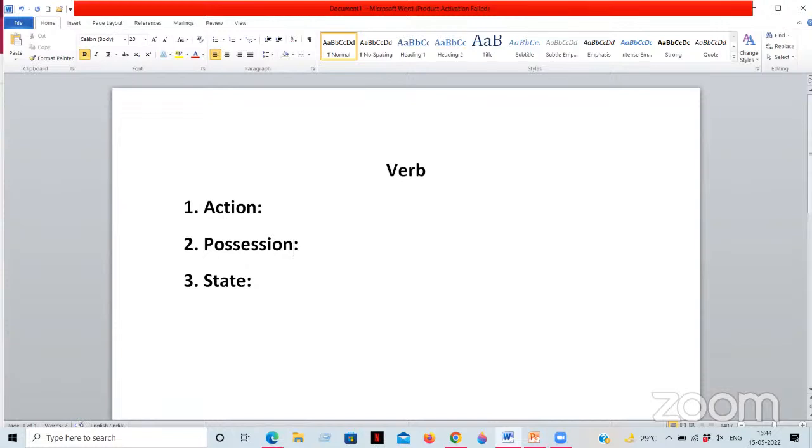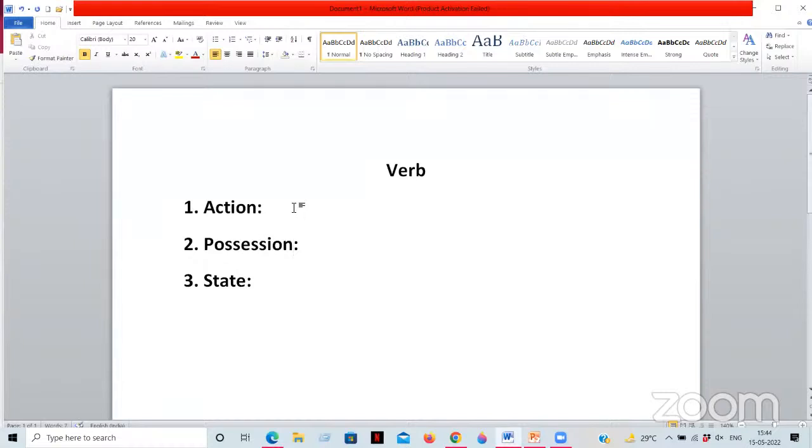Now a verb can symbolize three things. It can symbolize an action, and it can also express something related to possession and state. Now let's understand.